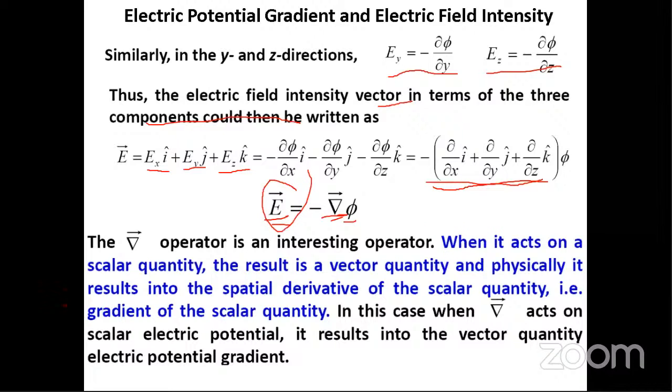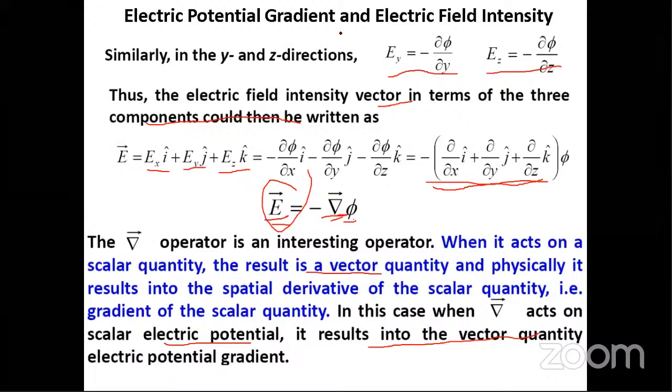When it acts on the electric potential, the result is a vector quantity. Physically, this gives the spatial derivative of the scalar quantity, that is, the gradient of the scalar quantity. So here del acts on the scalar electric potential and results in the vector quantity, the electric potential gradient.